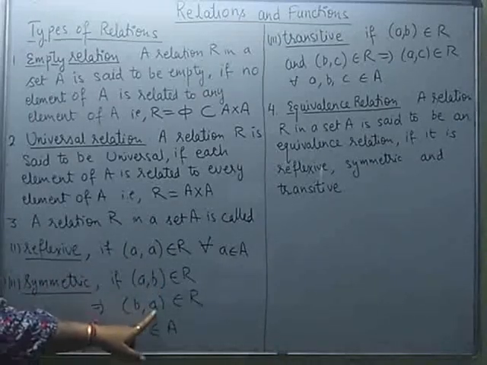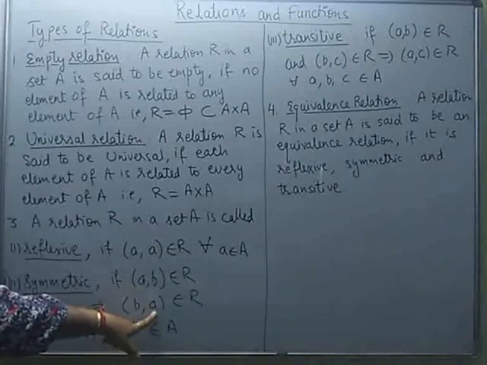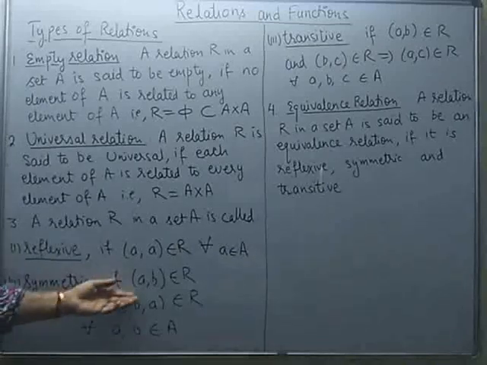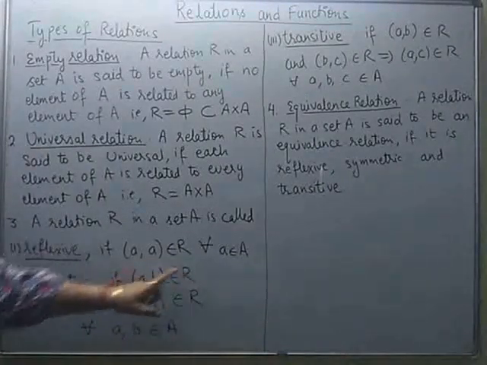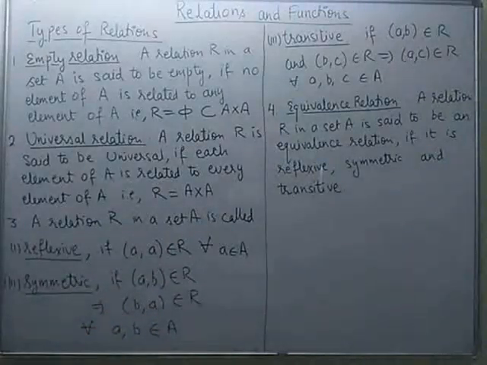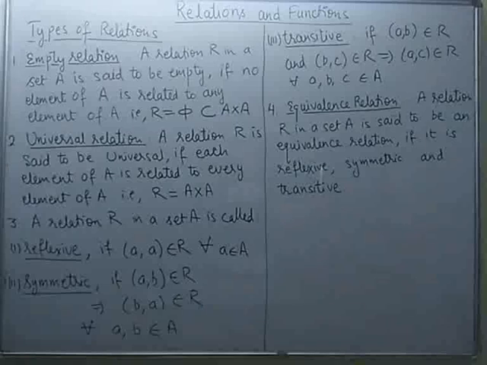We cannot say B is sister of A because B is a boy and A is a girl. So this is an example where the relation does not come out to be symmetric. This way it is true, but this way it is not correct. So the relation may or may not be symmetric. Only under the condition that this is satisfied will the relation be termed as symmetric.